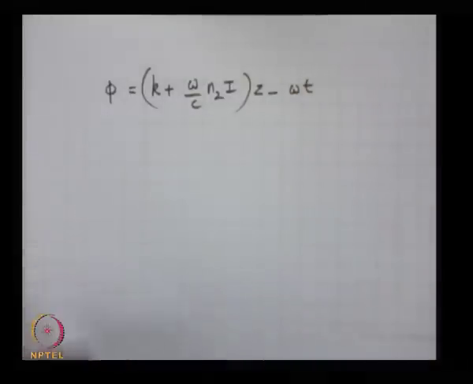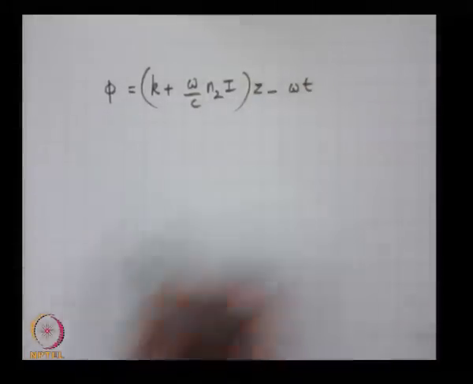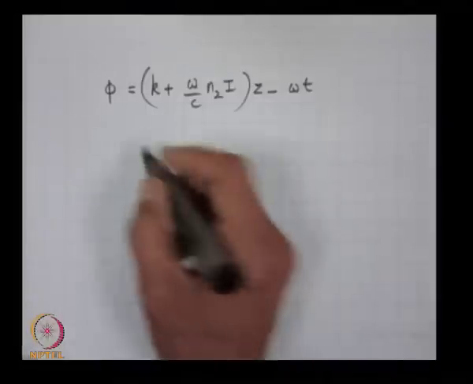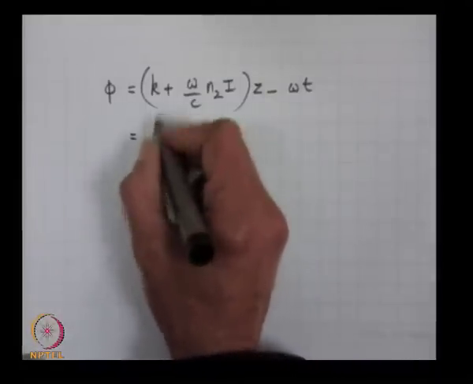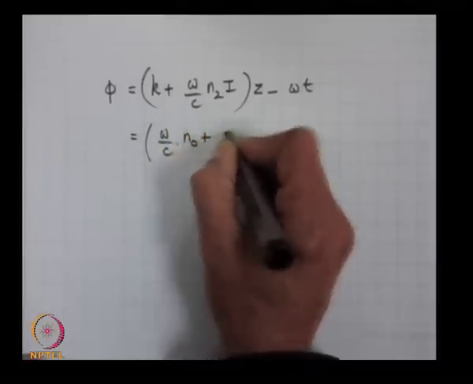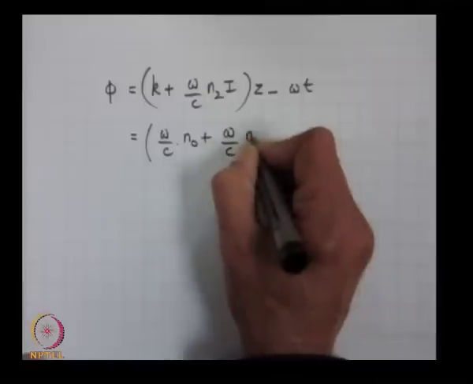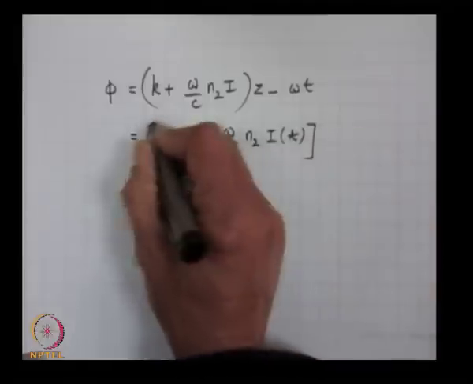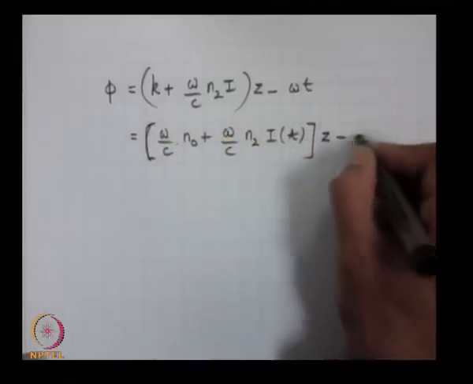This is the phase at the output at z as a function of time. So if intensity is a function of time, this is omega by c into n0 plus omega by c n2 I of t, into z minus omega t.